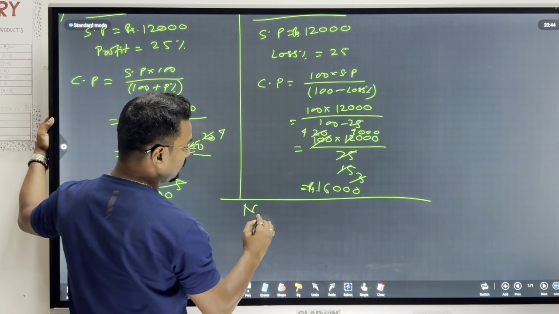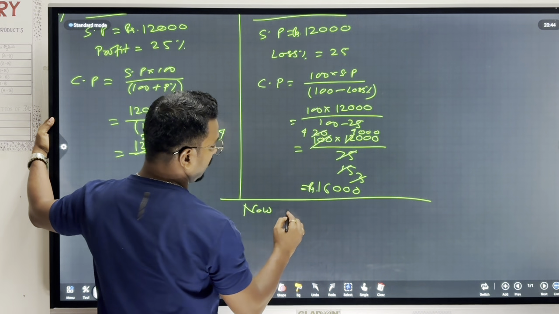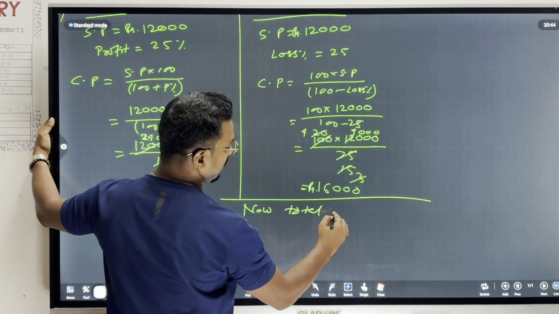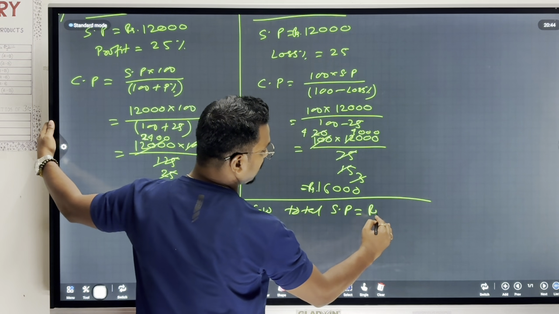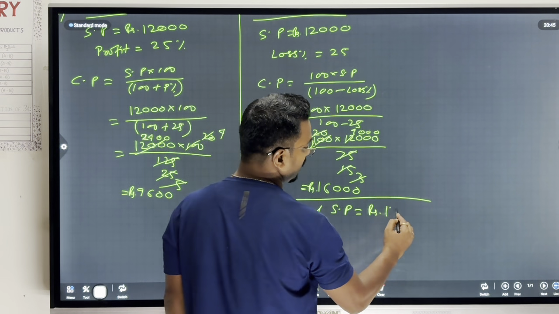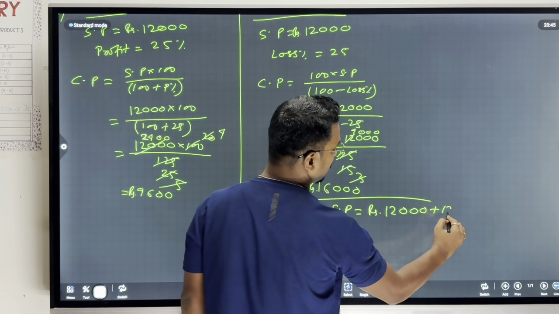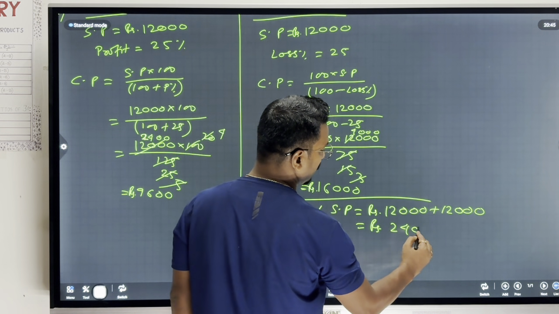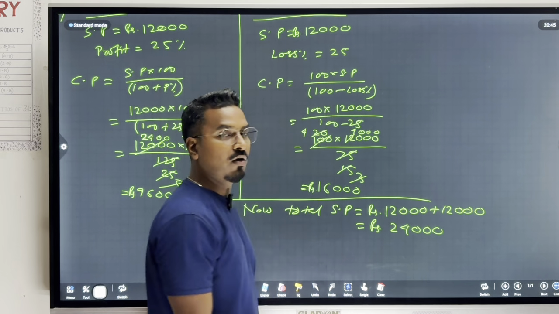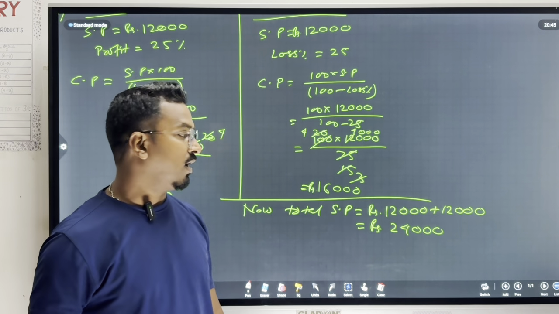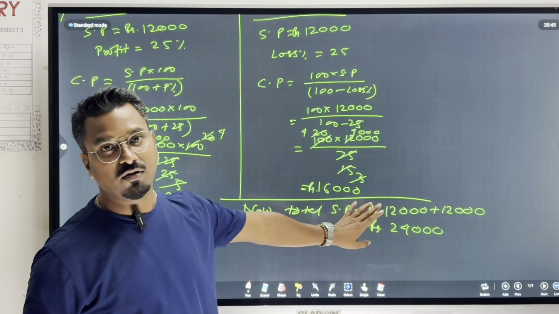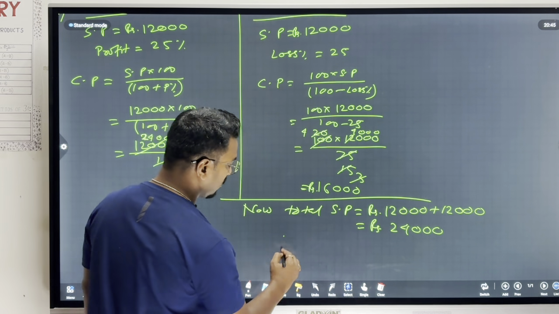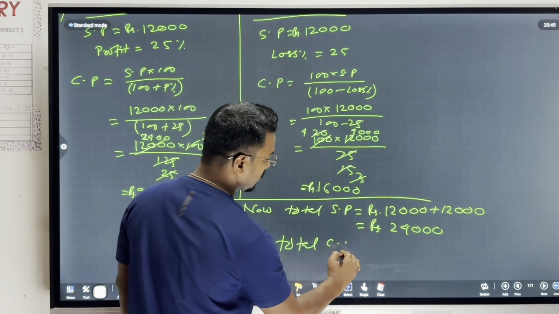Now total selling price, both are rupees 12,000, right? 12,000 plus 12,000. So it will become rupees 24,000. Now total cost price.